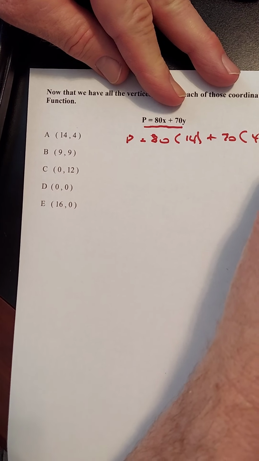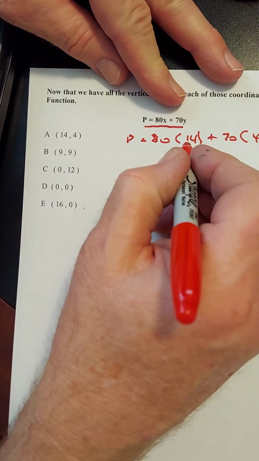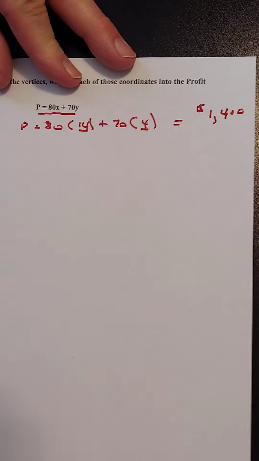That's in dollars because we're talking profit now. So that means if we made 14 chairs and 4 sofas, we're going to make $1,400.